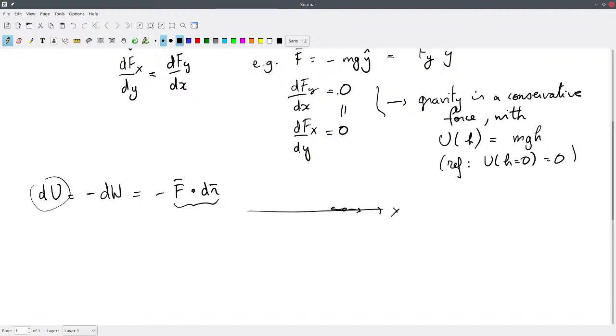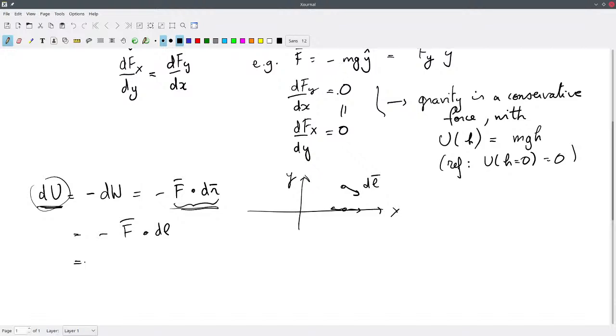Or if we're in 2 dimensions in an xy plane, we can pick any direction dl and consider what the change in potential energy will be for the force along the direction dl. So that will be minus F dot dl.